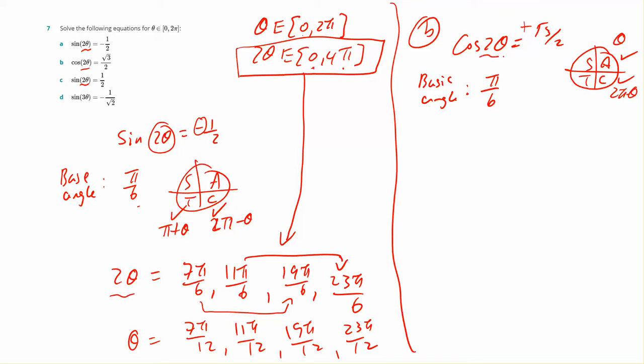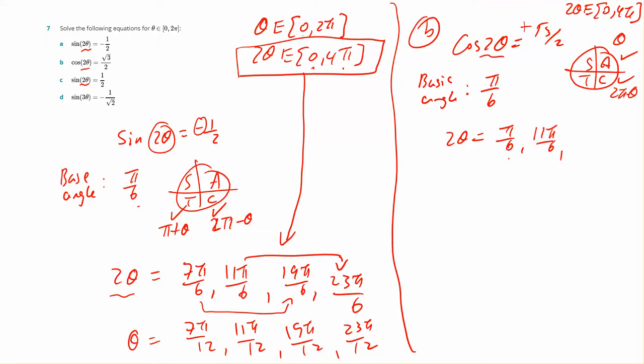And we're solving for the angle. The angle happens to be 2 theta in this case. Now again, 2 theta would be between 0 to 4 pi. Okay, so you've got to remember to double your domain. My first solution's in the first quadrant, so it's just pi over 6. And my fourth quadrant solution will be 11 pi over 6.